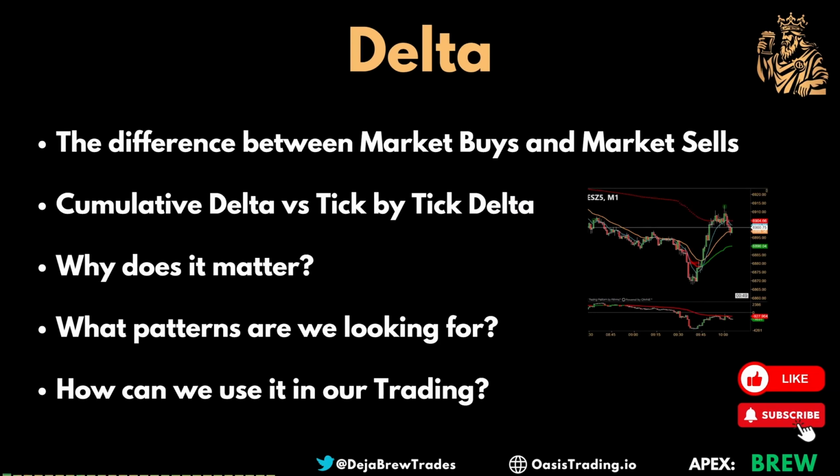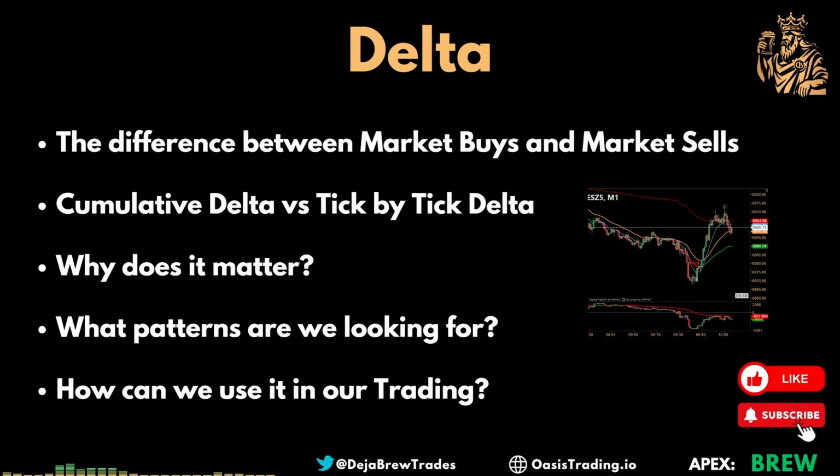What is delta? Well, delta is the difference between all the market buyers and all the market sellers. So if we think about the traders that are taking liquidity, the traders that are being aggressive, they really want to get filled right now, whether that be entering their trade or exiting their trade. Because if you think about it, stop losses are also pretty aggressive because they want to be filled immediately.